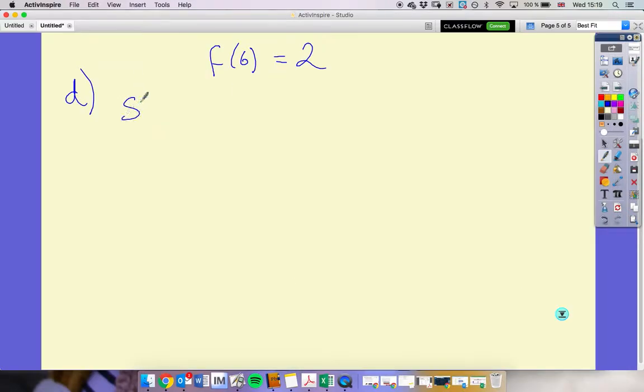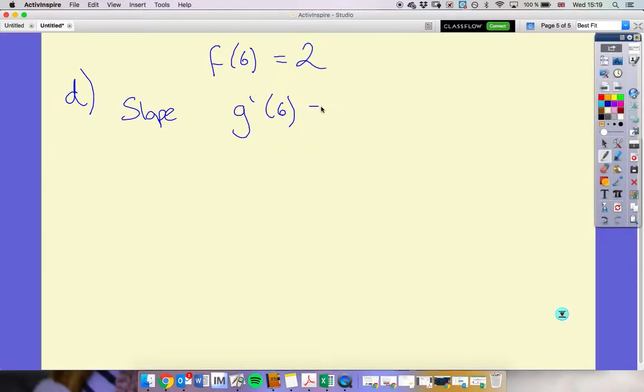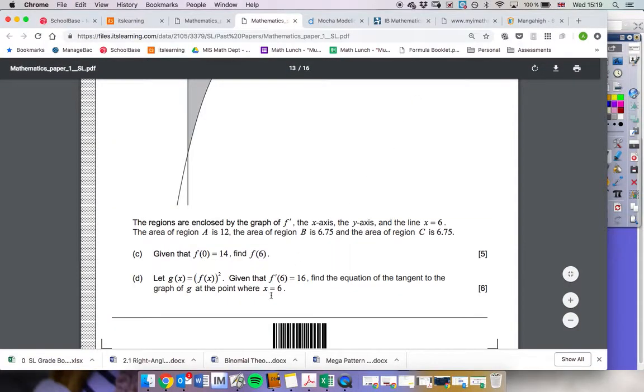So to find my slope, I'm going to look for g prime of 6. Now g prime of 6, given our function, is the same as f prime of 6 all squared. Now let's see if that helps us. We're given f prime of 6, so that does help us.